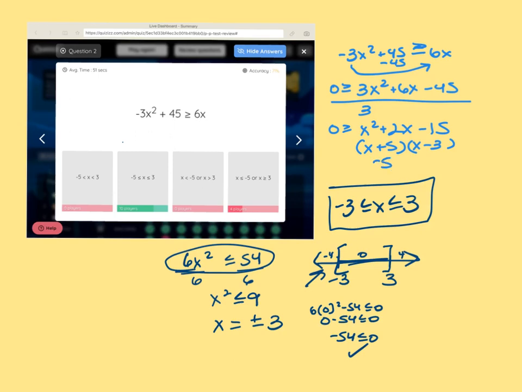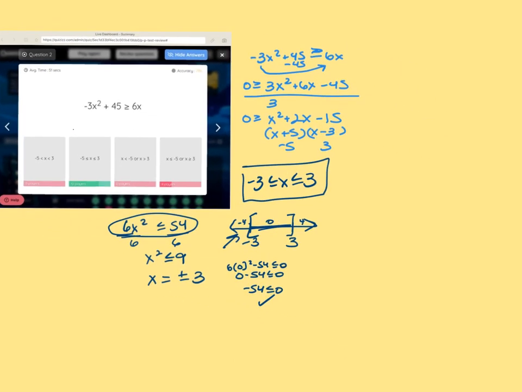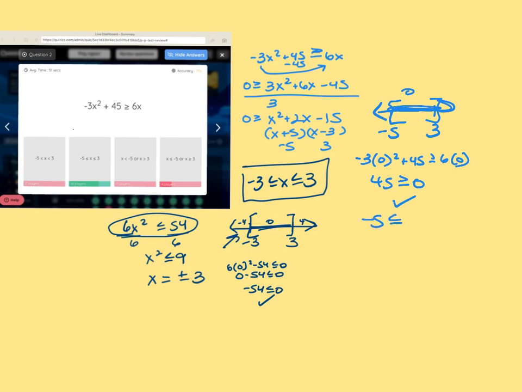And I get negative 5 and positive 3. And then that's where I'm going to set up my number line. Negative 5, 3. If I plug in 0 into that original, I get 45 is greater than or equal to 0, which is true. So again, that's the section that gets included. That would be negative 5 less than or equal to x, which is less than or equal to 3.